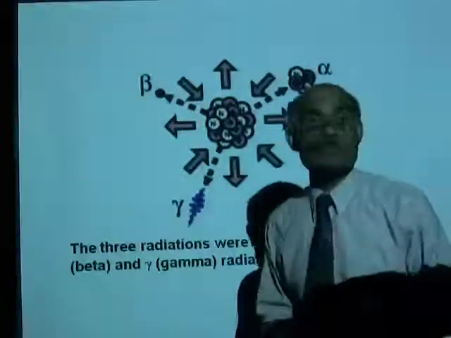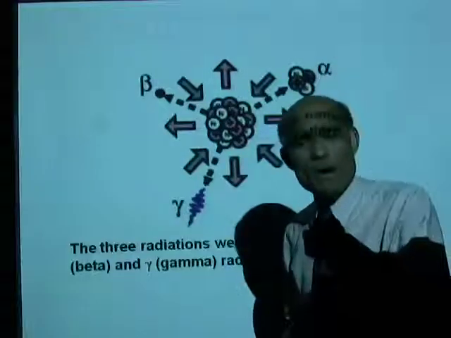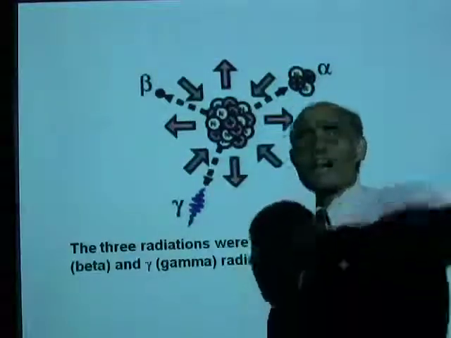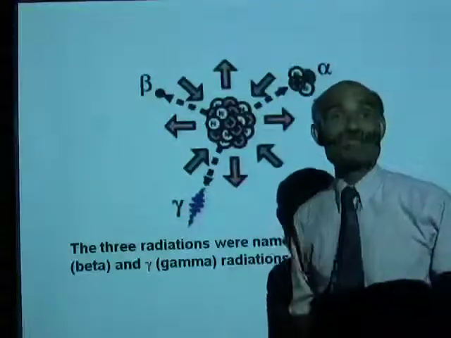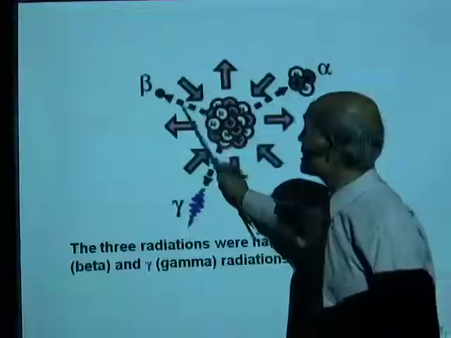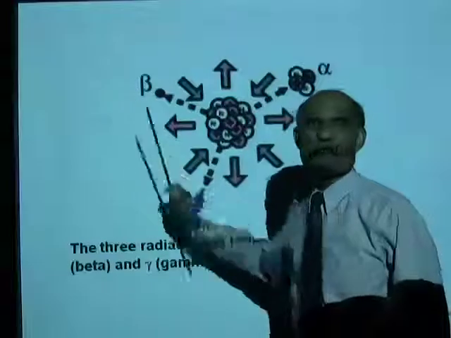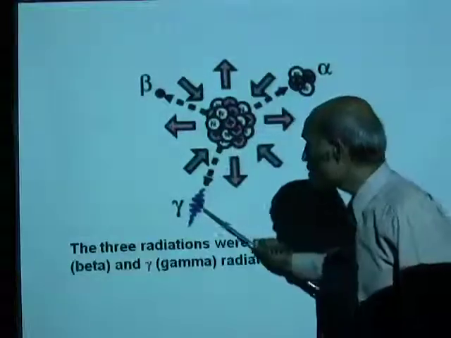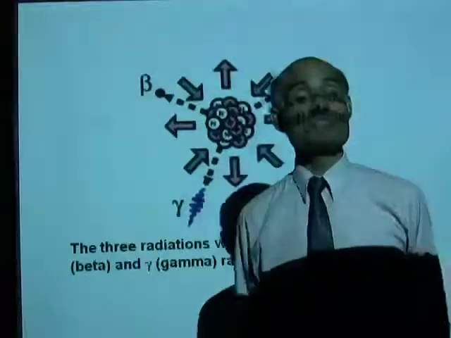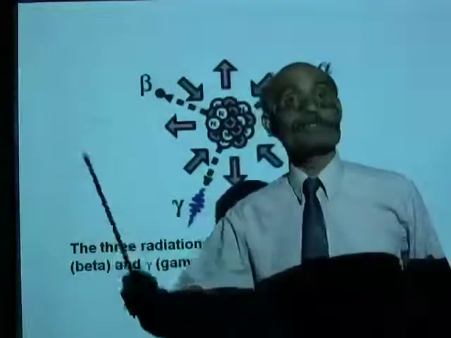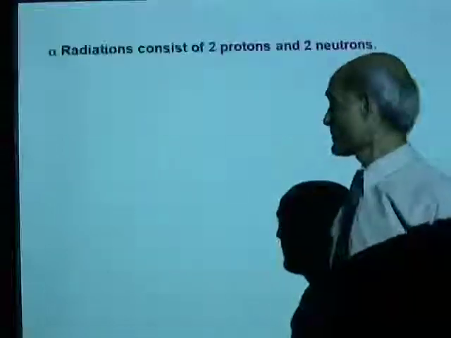They are actually part of the nucleus. Part of the nucleus breaks and gets thrown out, and there is a net positive charge. Beta radiations are very light particles. And gamma radiations are simply packets of very high energy photons, which are gamma rays. All right.